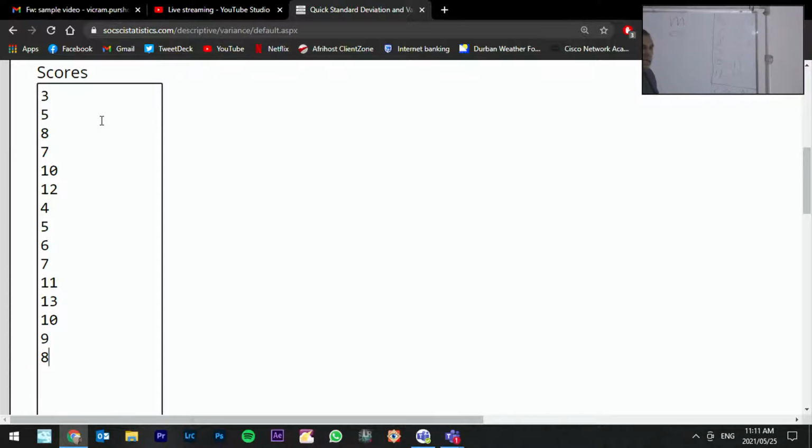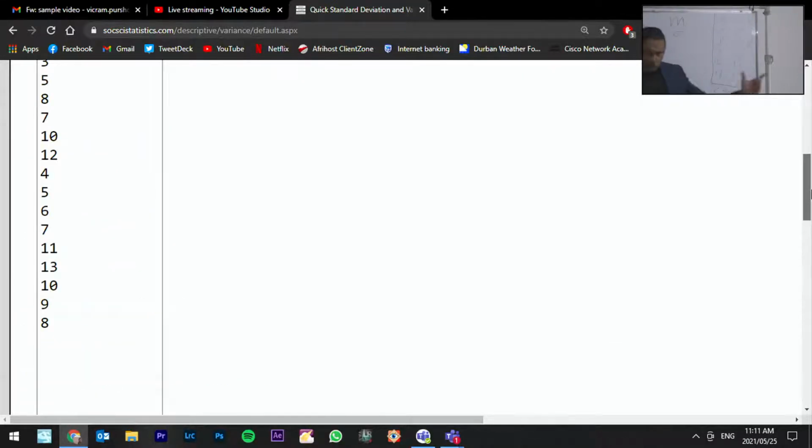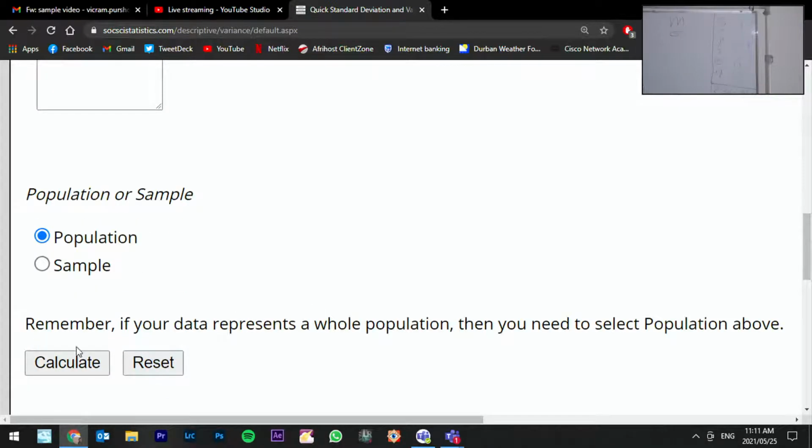Okay, go ahead now, scroll down. What are we choosing? The sample or the population? We're choosing population, good. Why? Because we chose all, everything below 30. Okay, good. Calculate, Vic.